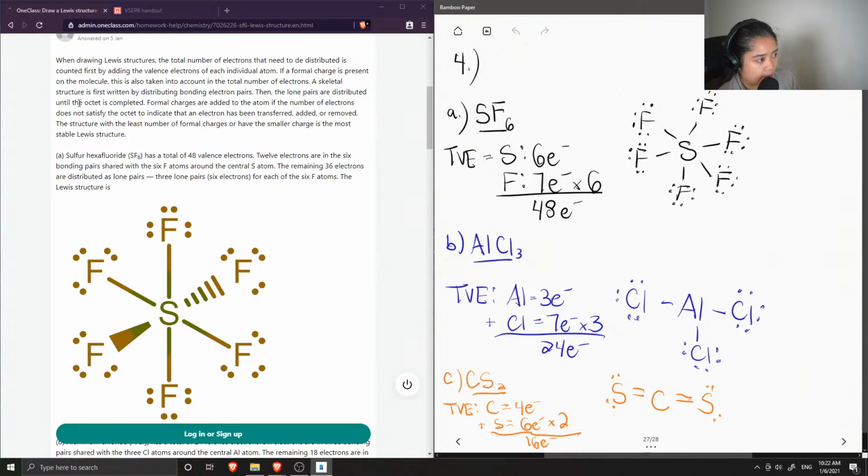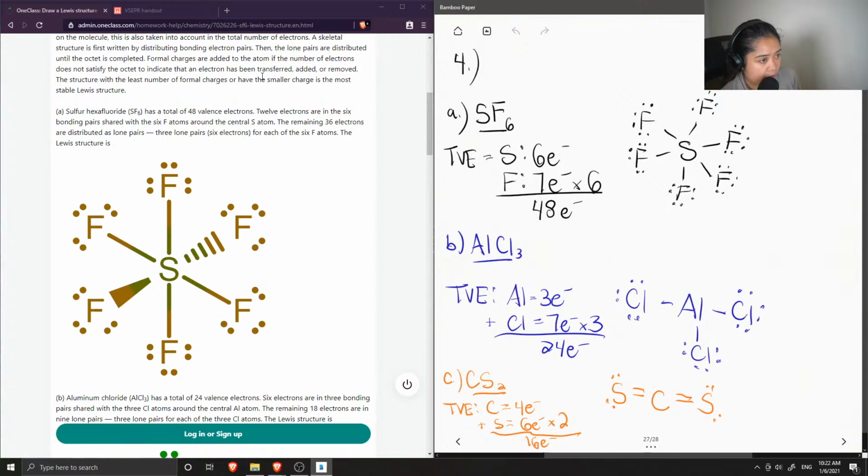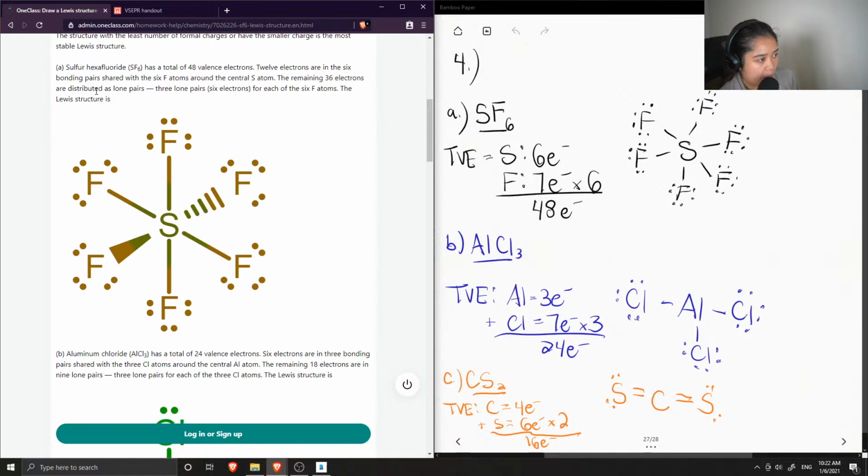The skeletal structure is first written by distributing bonding electron pairs. Then the lone pairs are distributed until the octet is completed. Formal charges are added to the atom if the number of electrons does not satisfy the octet to indicate that an electron has been transferred, added, or removed. Structure with the least number of formal charges or has the smaller charge is the most stable.